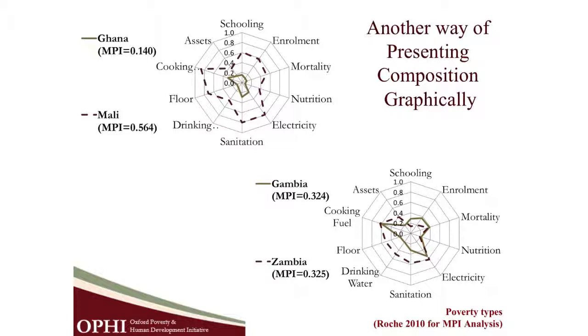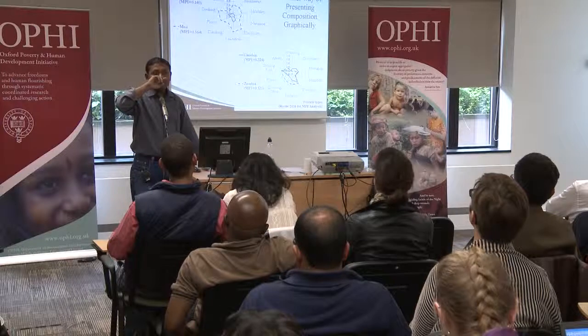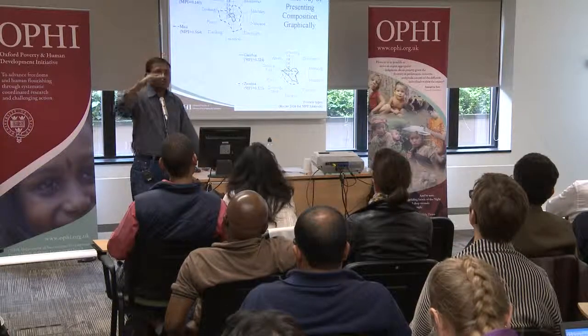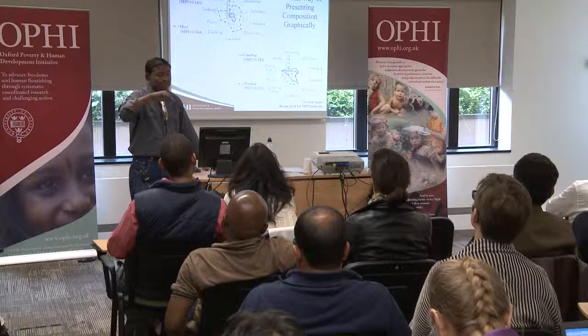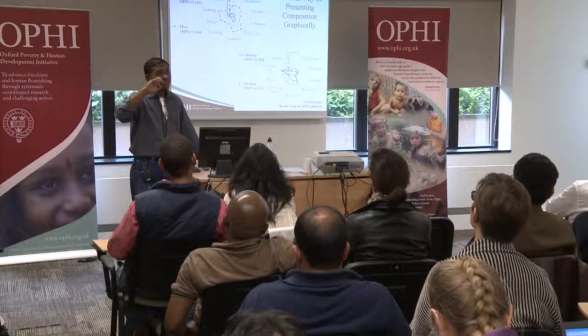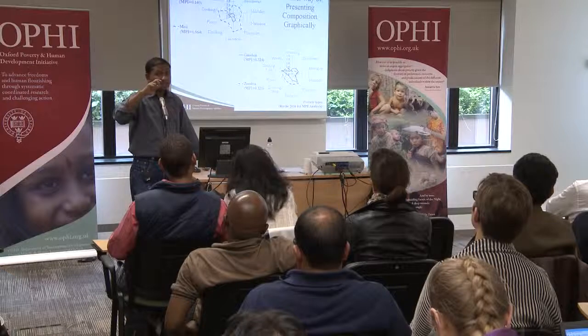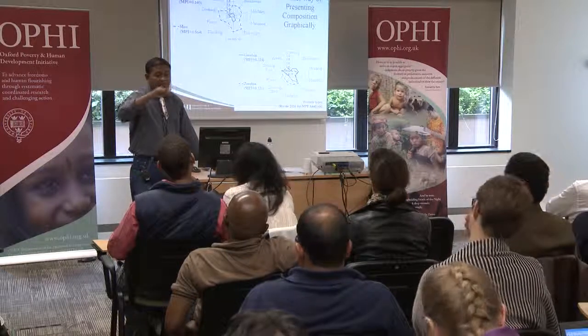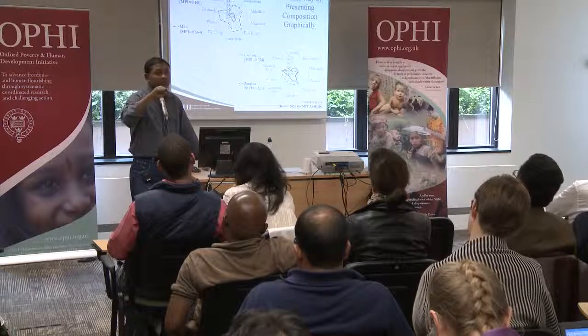The main difference is that in the other figure, it is really difficult to know the level of the censored headcount ratio because you just look at the contribution. Here, on the other hand, these spider diagrams can be understood easily because you can also see the level of the censored headcount ratio.